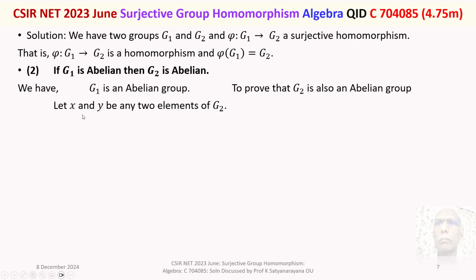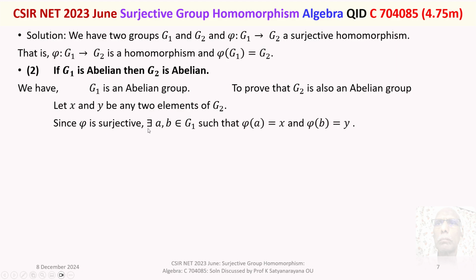For that, let x and y be any two elements of G2. Since phi is surjective, there exist pre-images for x and y. So there exist elements a, b belongs to G1 such that phi of a is x and phi of b is y. Agreed?